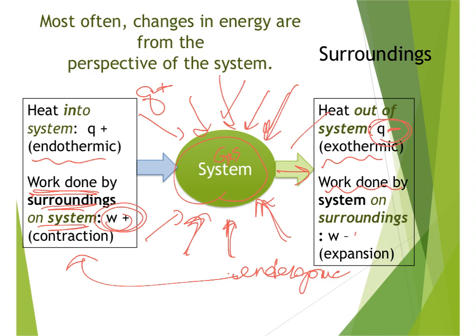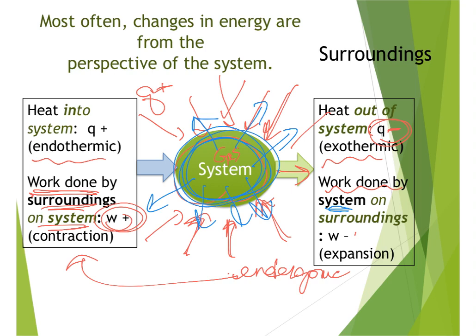If work is done by the system on the surroundings, so if for whatever reason this gas that makes up your system is expanding, maybe we're heating it or something, it's expanding and it's pushing the surroundings away. And so that means that work is being done by the system on the surroundings. It's an exergonic, giving off energy process. So we say that the work is negative there.